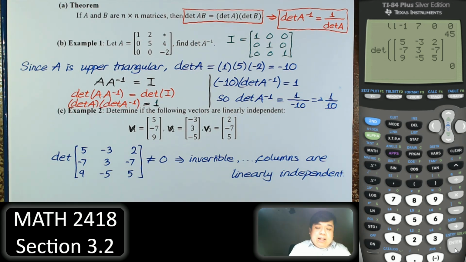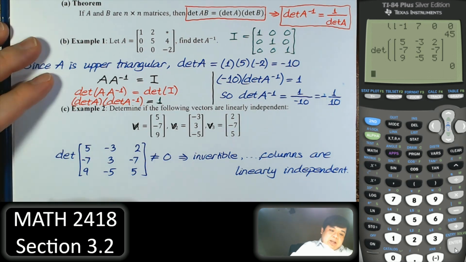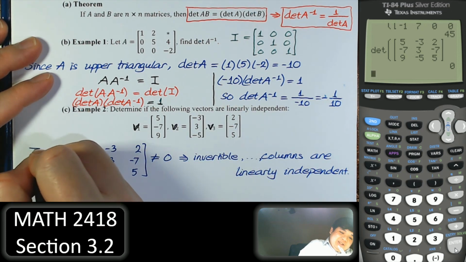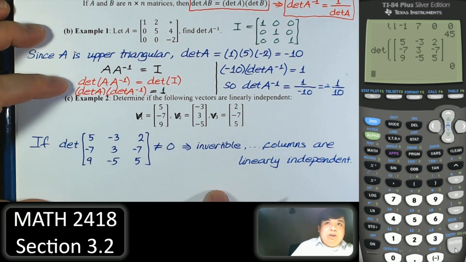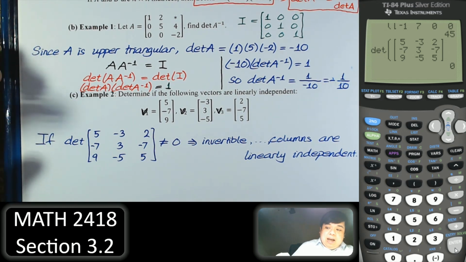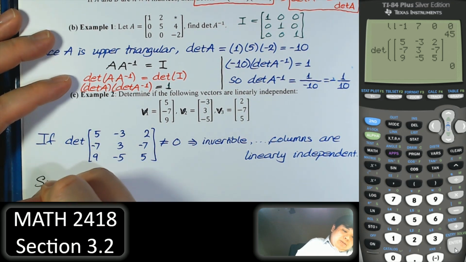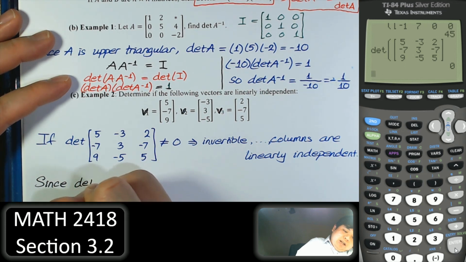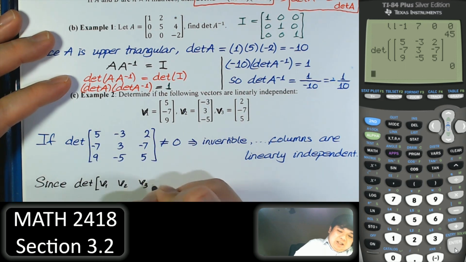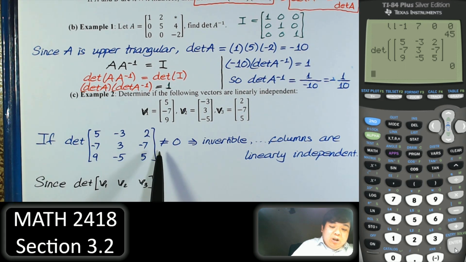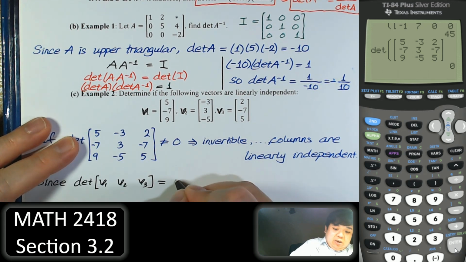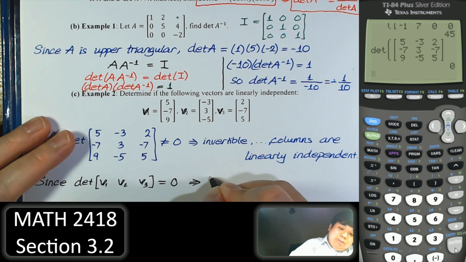That means they are not invertible. That means the columns are linearly dependent. So we say if determinant is not equal to 0, then we have all these properties. But since when we find determinant of v1, v2, v3, I don't want to write that again. When it is not equal to 0, we have all of those properties. But since the determinant of this equals 0, it is just linearly dependent.